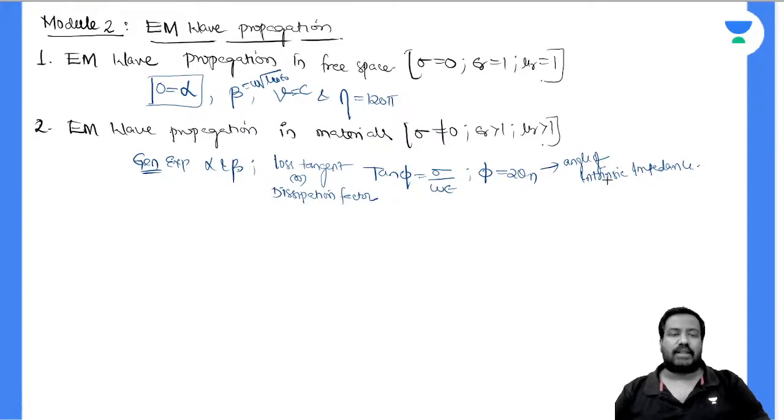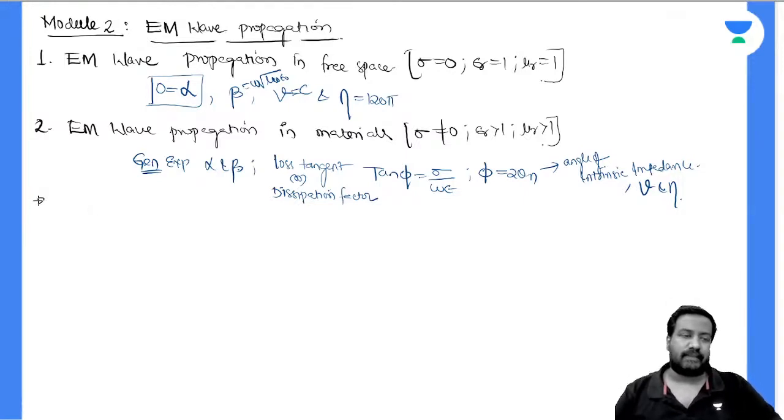We have discussed this. We derived alpha, beta. Along with alpha and beta, we have derived terms like velocity and eta. This we have done in EM wave propagation in materials.